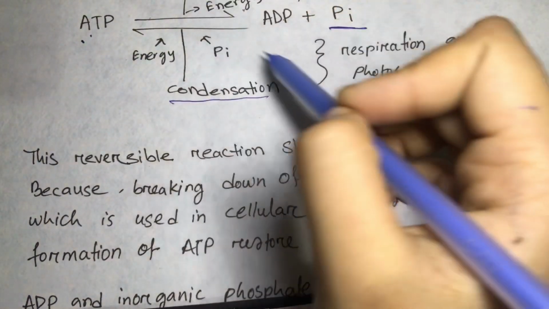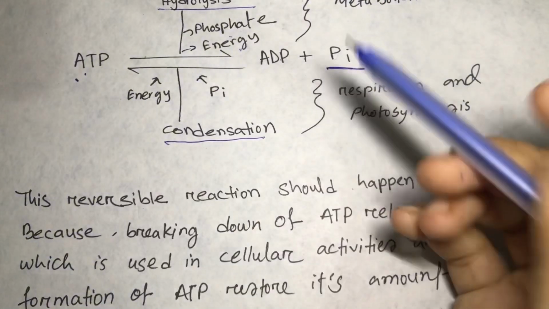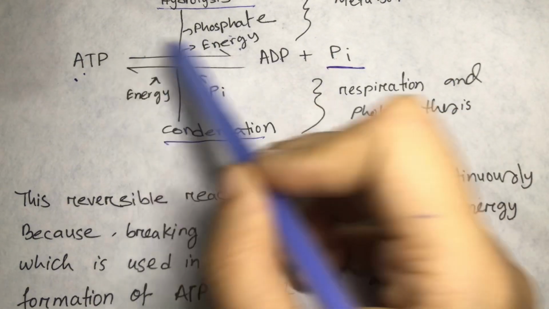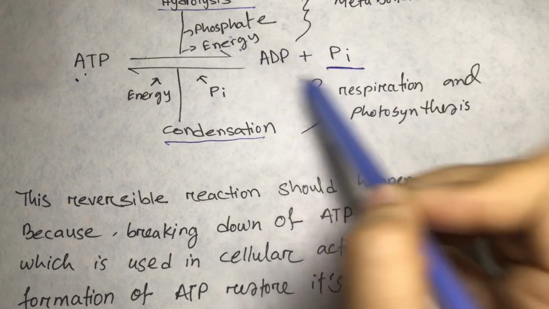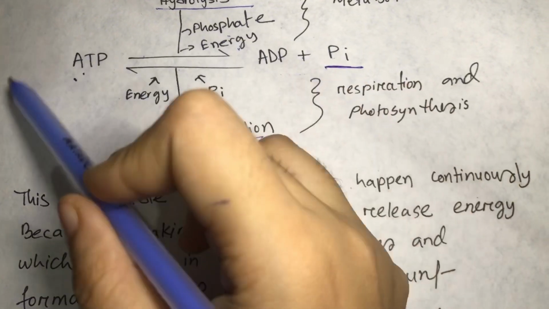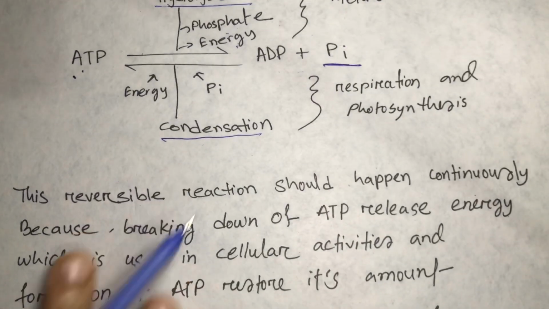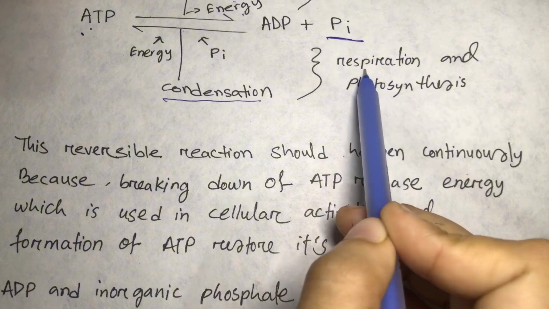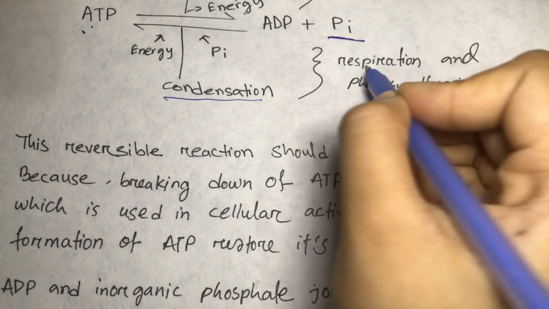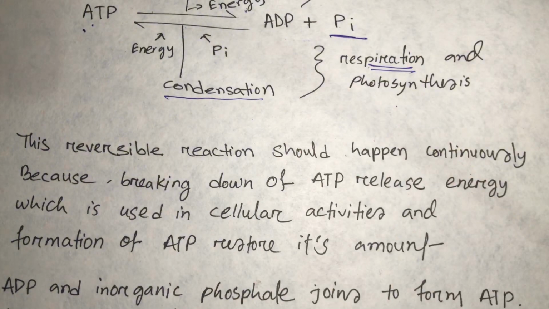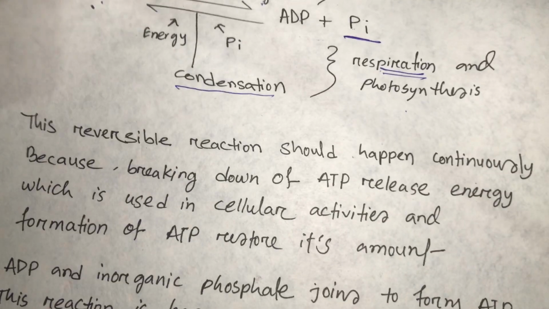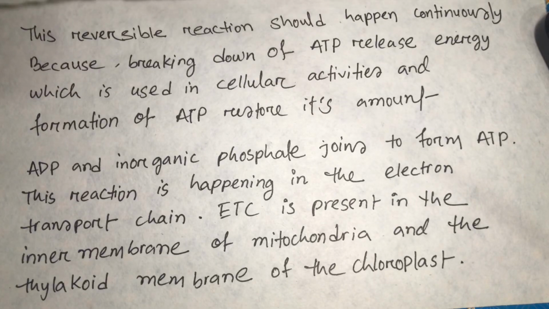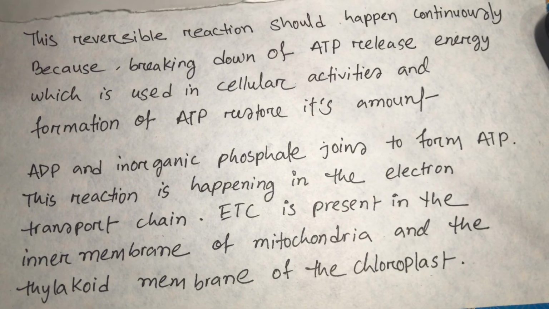But both reactions are important for our cellular activities, because by this we get energy, and by this process we restore the amount of ATP. We know this process as respiration and photosynthesis, and respiration is the main one because a large amount of ATP is produced by respiration. You will get to know more about this in the further classes.